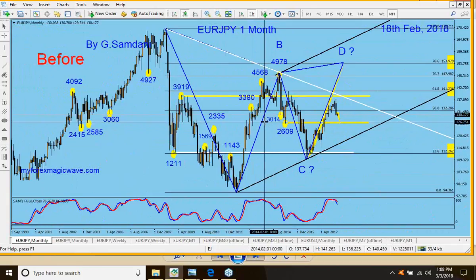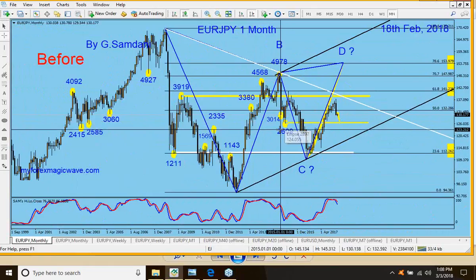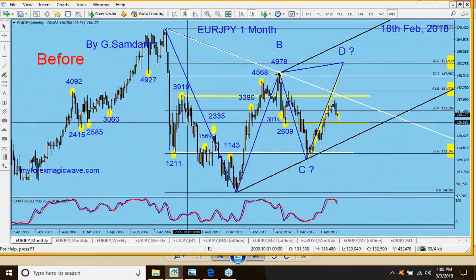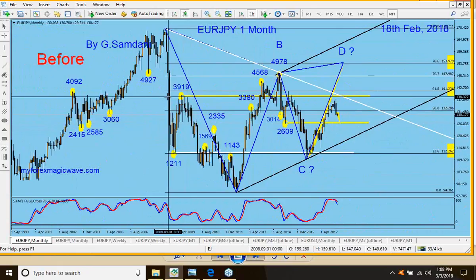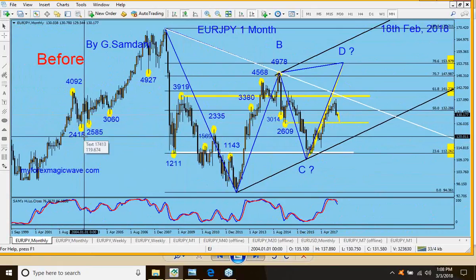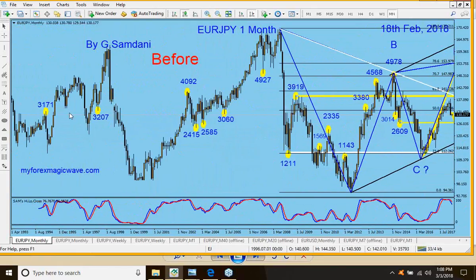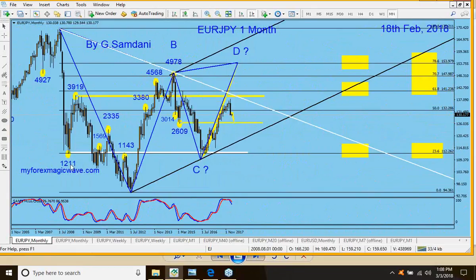This is 136.22 and 139, and this high is 138.48. One of these numbers, it's 137.05. This high is 137.89. Man, where is that? 137.05. I can't find it.